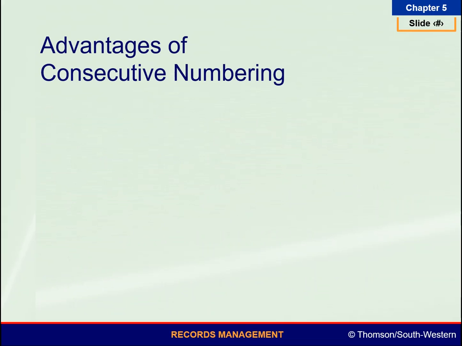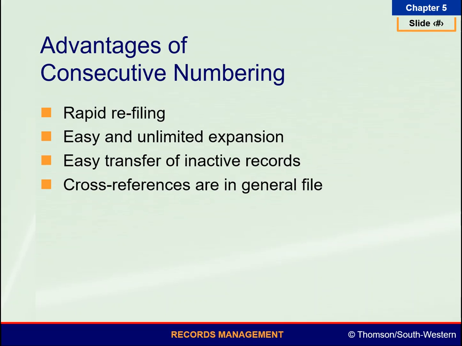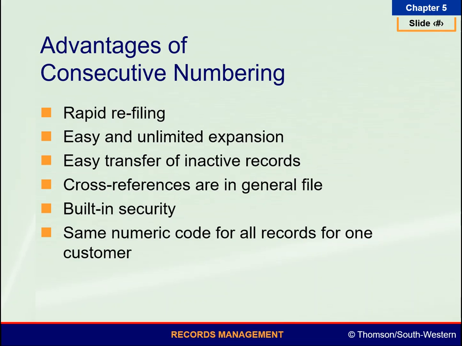Now we are going to know the advantages as well as the disadvantages of consecutive numbering. The advantages are rapid refiling, easy and unlimited expansion because the numbers are unlimited, easy transfer of inactive records, and cross-references in the general file.